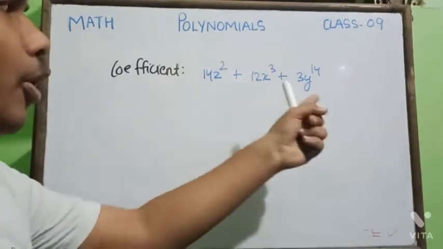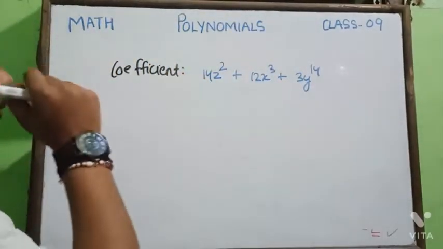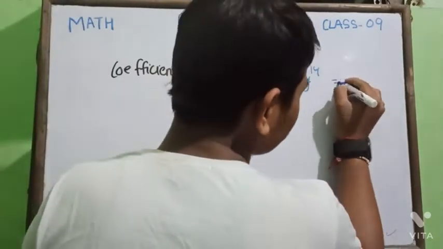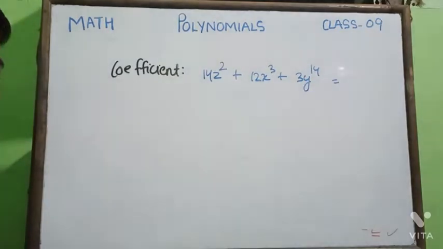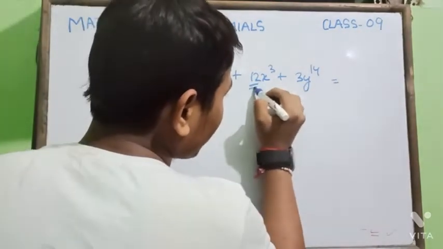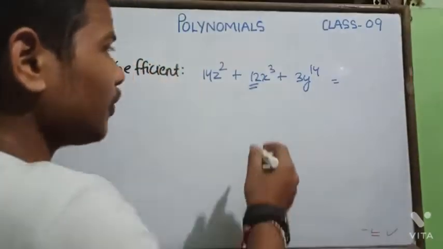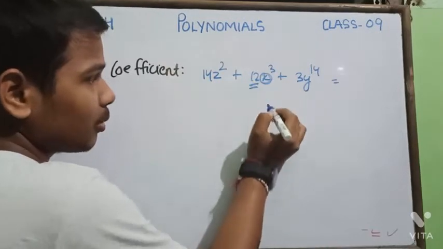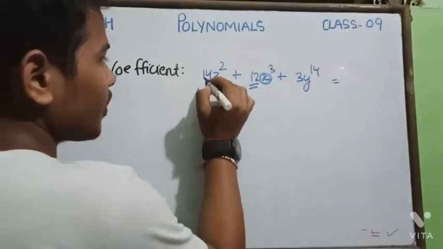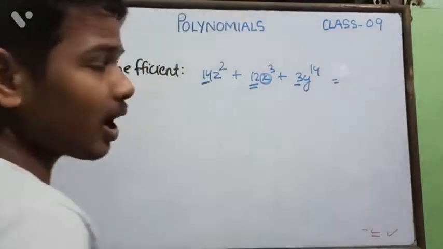This is a polynomial, and if it is asked what the coefficient is, what will you say? The number or the constant before the variable is known as the coefficient. So 14 is the coefficient, 12 is the coefficient, and 3 is the coefficient.